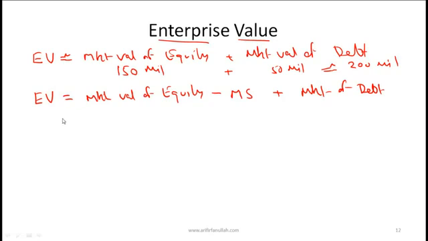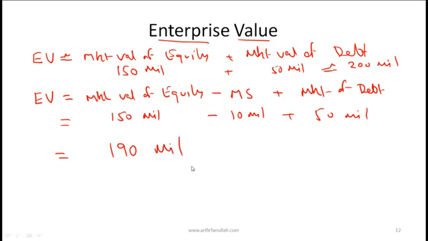So if we take a market value of equity as 150 million, just like above, but this company also has marketable securities worth 10 million, and let's say that the market value of debt is still 50 million, then the enterprise value is 190 million.